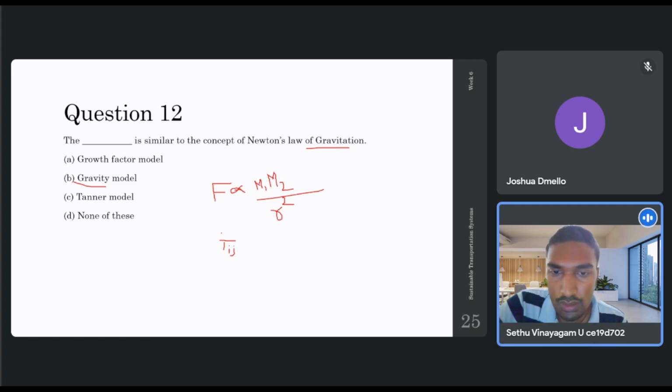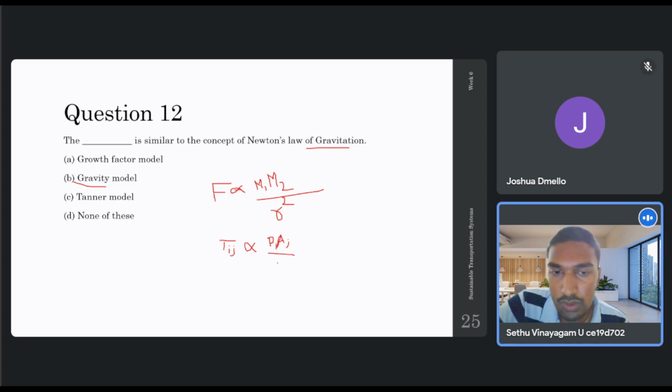If we represent that as T_ij, then what this gravity model tells us is this is directly proportional to the product of P_i and A_j. Okay, so what is P_i? P_i is the total number of trips produced from zone i, and A_j is the total number of trips attracted to zone j, right? So it is the product of these two quantities.